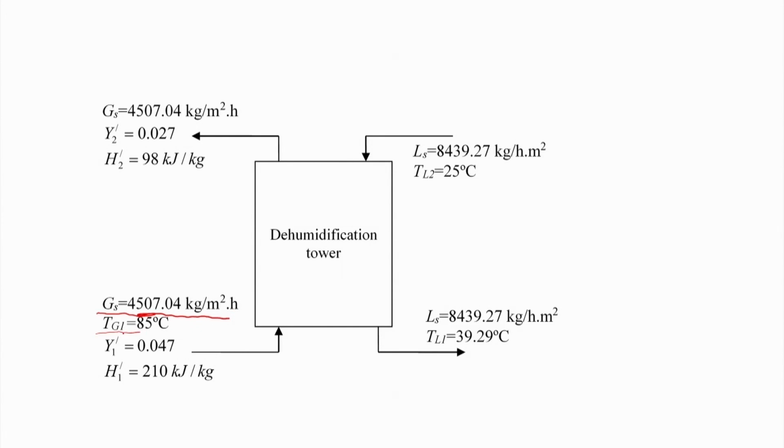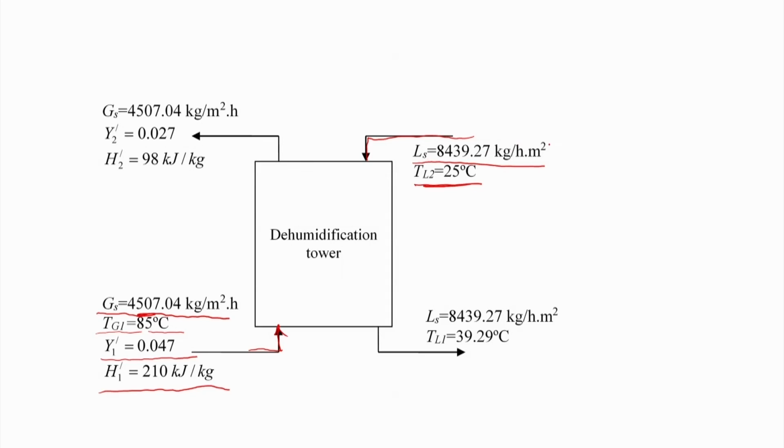The inlet air temperature is 85 degrees Celsius with absolute humidity 0.047 kg per kg dry air, and enthalpy value is 210 kilojoule per kg dry air. So hot air is entering, and the cold water is entering at 25 degrees Celsius with actual flow rate 8439.27 kg per meter square hour.